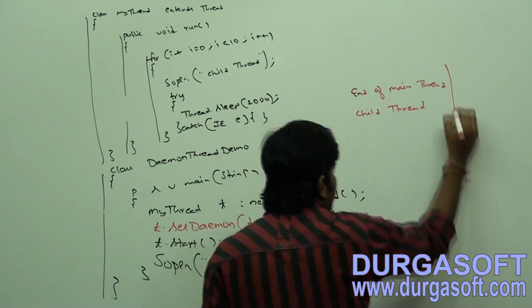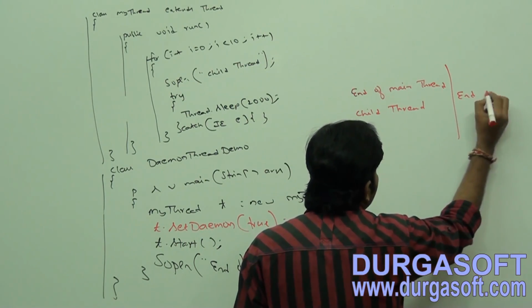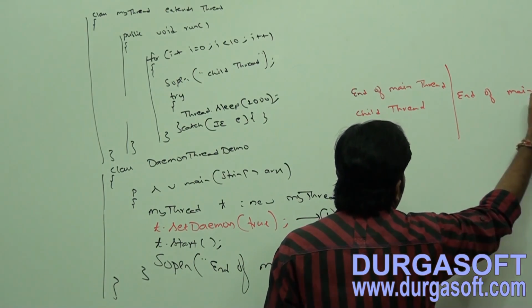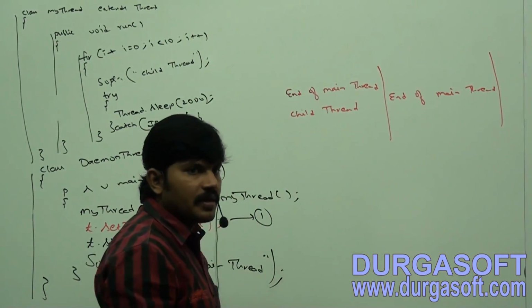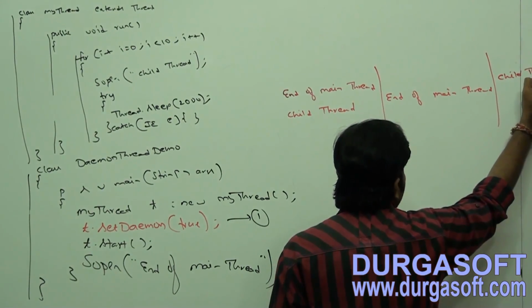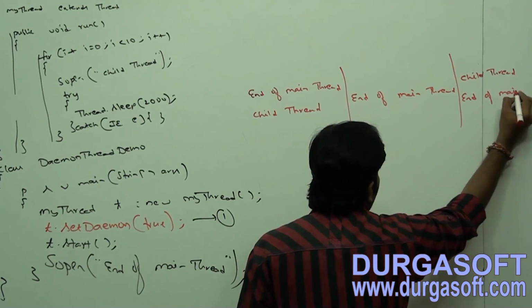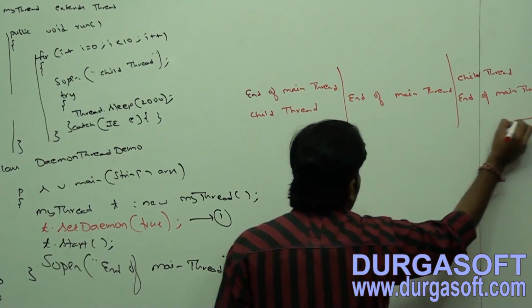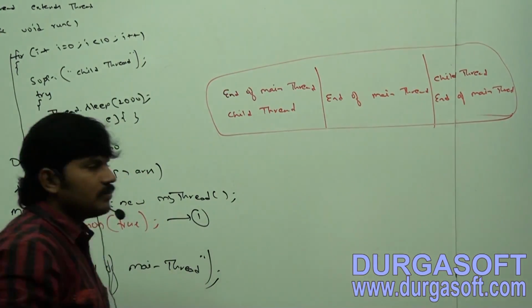Either one time end of main thread followed by child thread, or sometimes we may get only end of main thread, or sometimes at least one time child thread, assuming the child thread got the chance, and then end of main thread. These are the only options for this program.